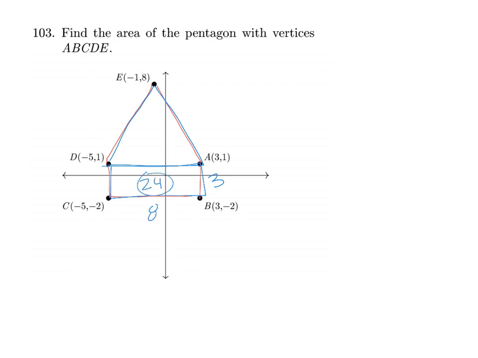And the area of the triangle is what? Let's see, what's the height? 7. So 8 times 7 times a half. So that's 28. 28 plus 24 is 52.